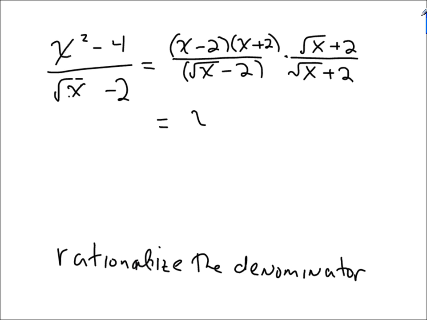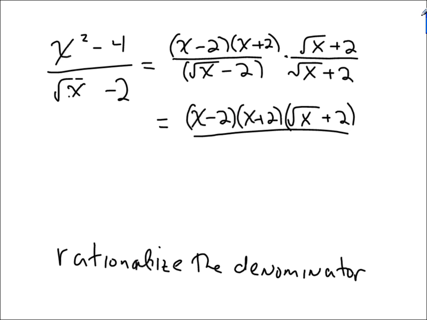So top will be x minus 4 times the square root of x plus 2. And the bottom, since the conjugates, a minus b times a plus b, you get a squared, which is x, minus b squared, which is 4. X minus 4.